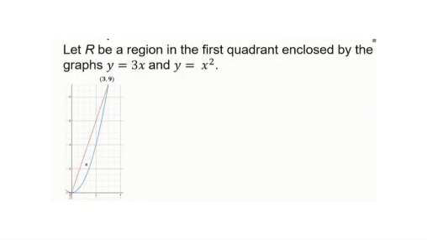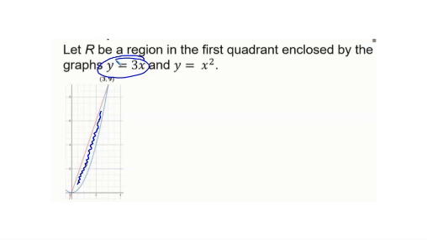Let R be a region in the first quadrant enclosed by the graphs of 3x and x squared. If I want to find the area, I'm talking about this area in here, that area between. And so I have to decide which one is on top and which one's on bottom, and in this case, the linear is on top.